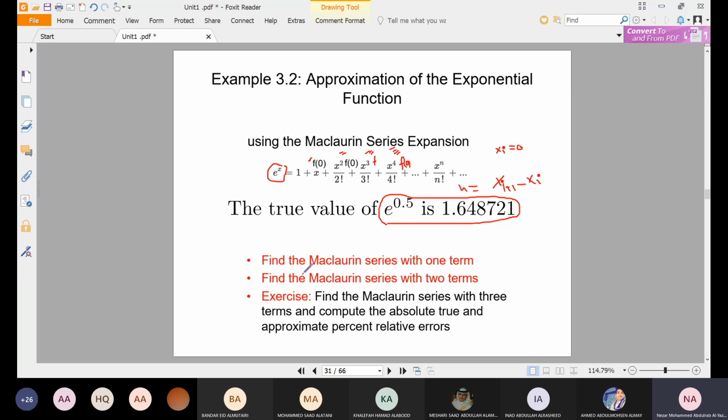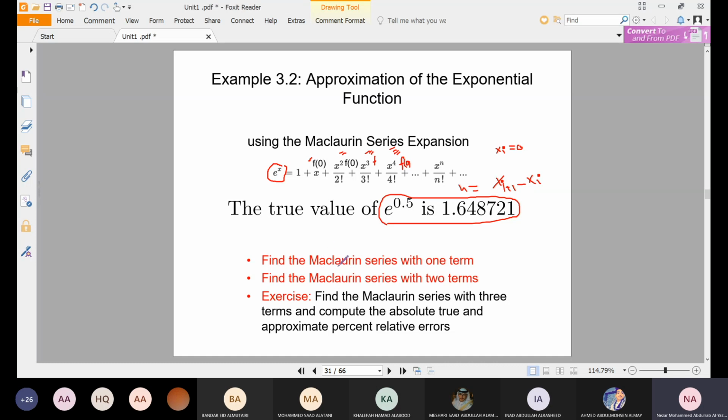The question here: find the Maclaurin series with one term. That means zero order approximation without any derivative. After that, for example, we add another new term to improve the accuracy.